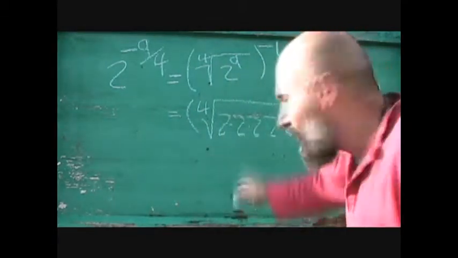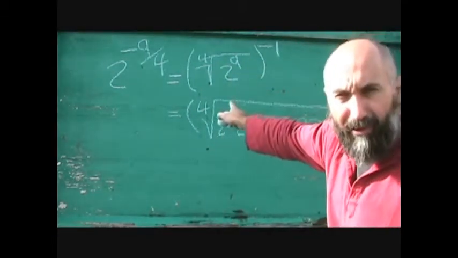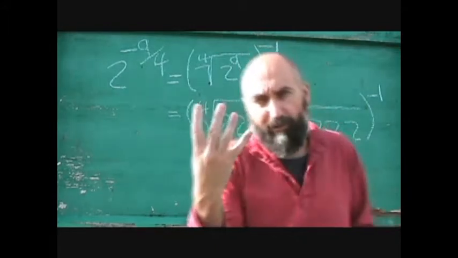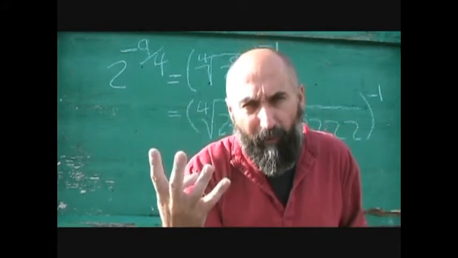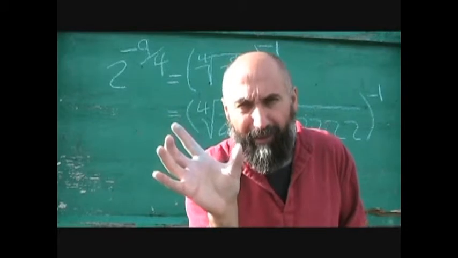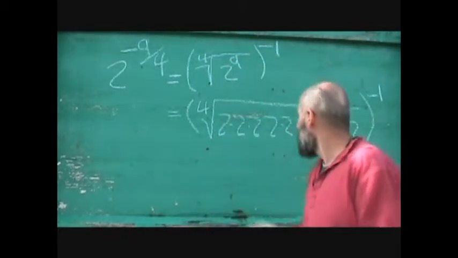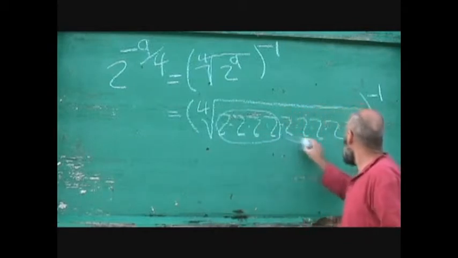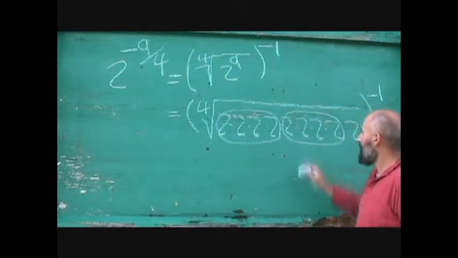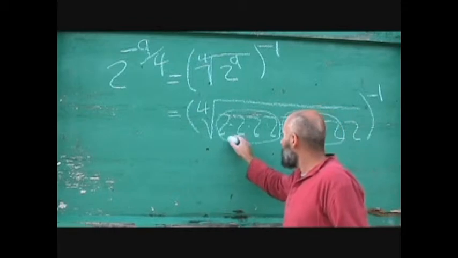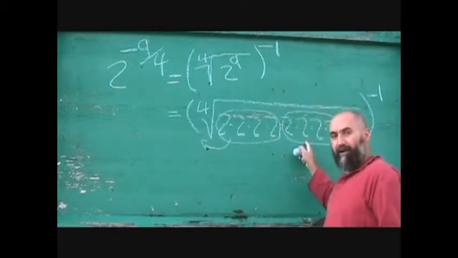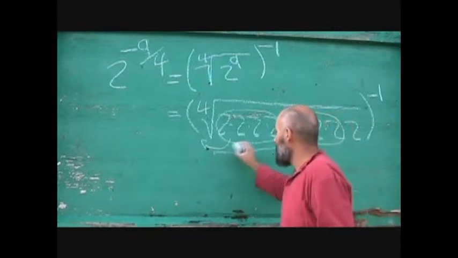All those 2's multiplied together means 2 to the power of 9. Now what the 4 means here is you're looking for quadruplets. You're combining 4 of them together so you can bring them out as a single. So these 4 guys, and you got 4 guys here, these 4 can come out of this boundary as a single 2.